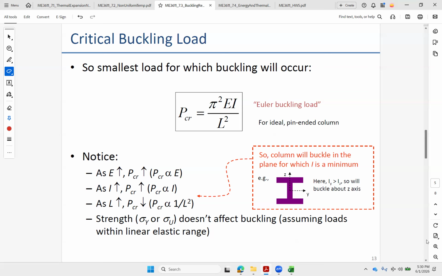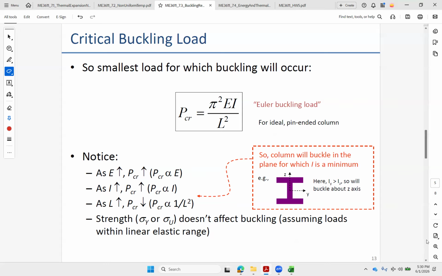One other thing to note is that the yield strength or the ultimate strength does not affect buckling as long as we stay elastic. So if the beam is long enough, we're going to get to the buckling load and stress before we yield the material, right? That will be the case of the 1 foot beam that goes all the way up to space. We'll definitely buckle that before we yield the material.